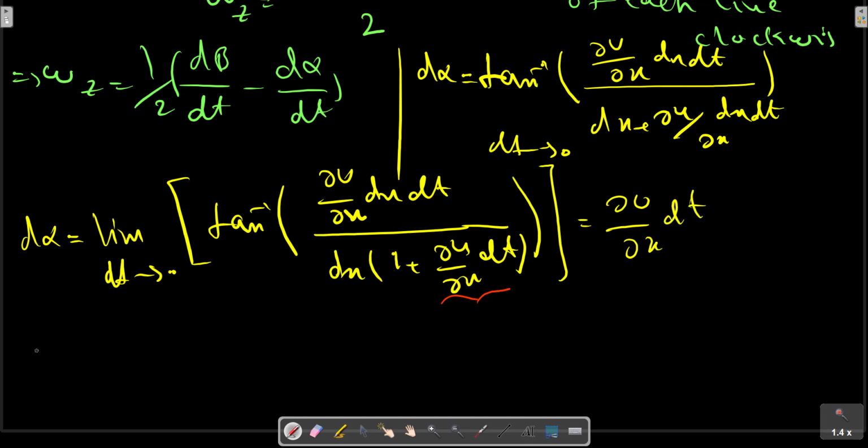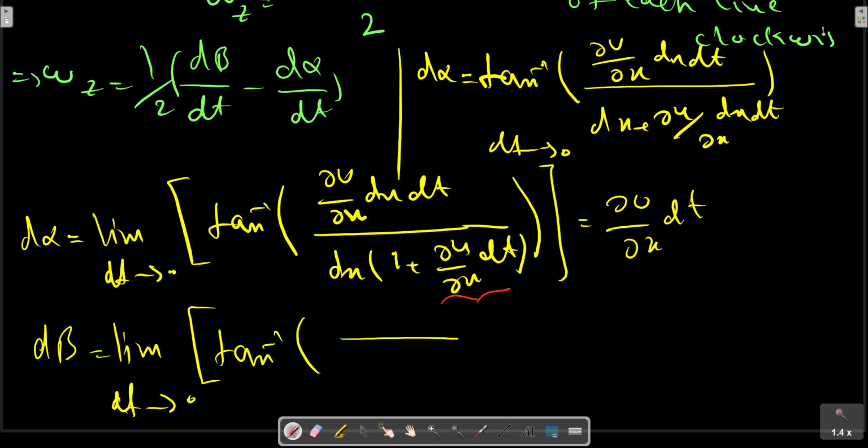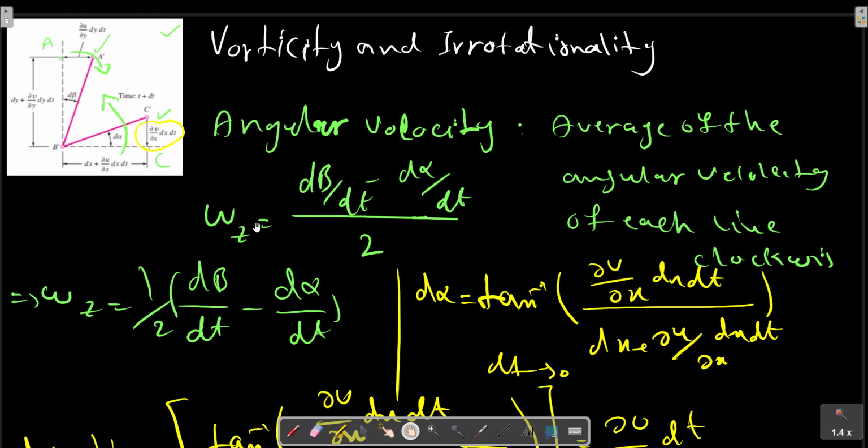And for d beta also we have the limit as dt goes to 0. In d beta, from the picture, we can calculate d beta as the ratio of the front side to the side of the angle d beta.